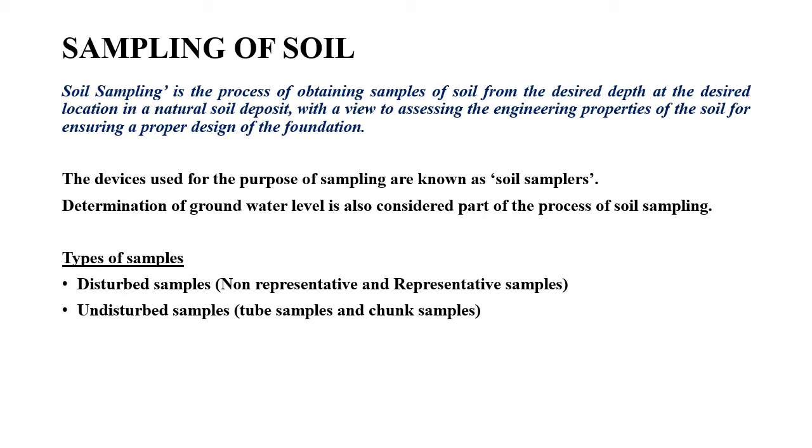So basically representative and non-representative samples are classified based on the mineral constituents present in them. If the mineral constituents present in the soil sample represent the correct mineral constituents of the soil collected from a particular depth, then it's a representative sample. Then using that, we can correctly determine all the physical properties.